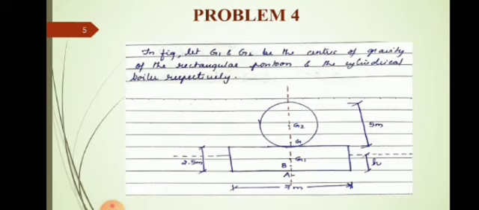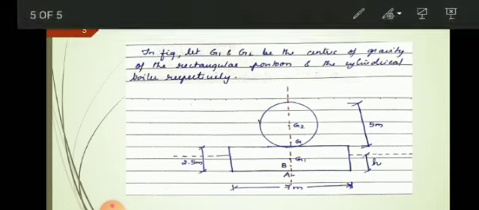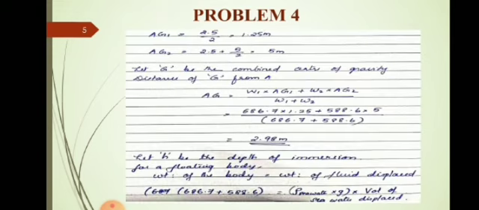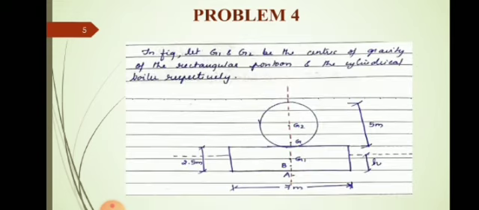What is AG1? AG1 will be equal to half of the depth, isn't it? G1 is the center of gravity of the rectangular portion alone, so it will come definitely at the midway of the depth. Depth is 2.5 meters, so AG1 will be equal to 2.5 by 2, 1.25 meters. Now coming to AG2.